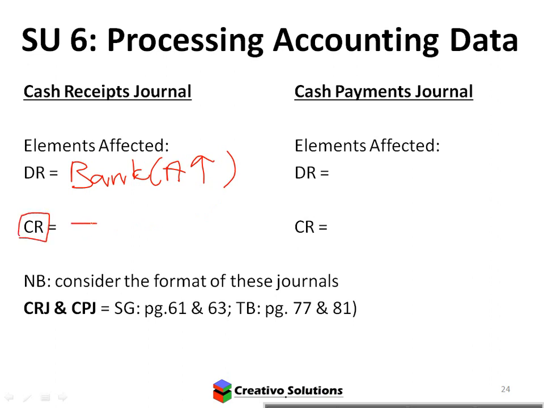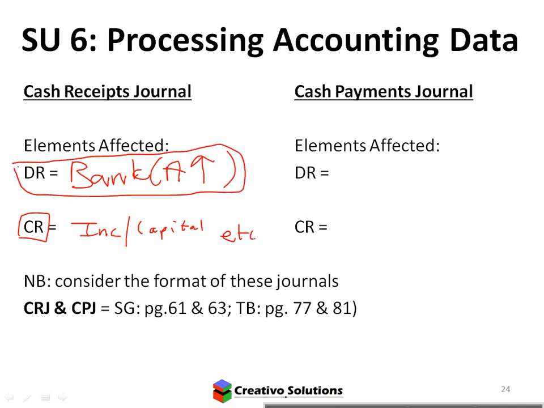It could be for income. It could be for capital. There are other instances where you've received something, but this is the NB. In the cash receipts journal, there's going to be a debit for the bank because the bank account is going up. I'm receiving cash.